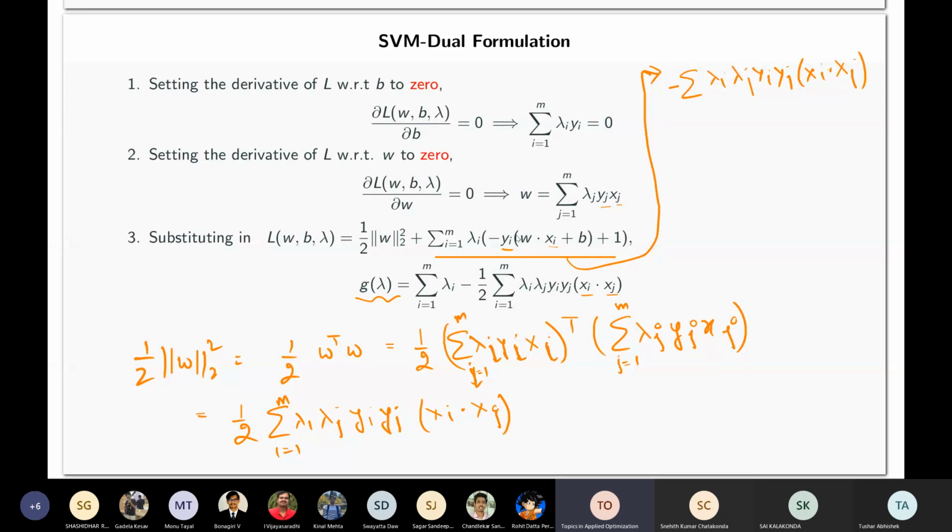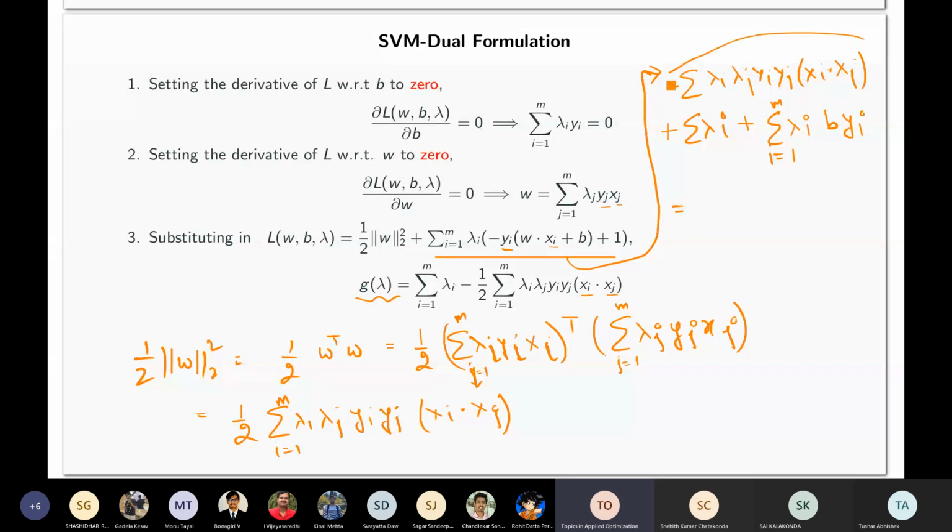So one of the terms will be that, and then what are the other terms here? One of the terms is sum of lambda i, so plus sum of lambda i, and another term is lambda i with b. So plus sum of lambda i, and yi is also with b, right? So yi, and i equal 1 to m.